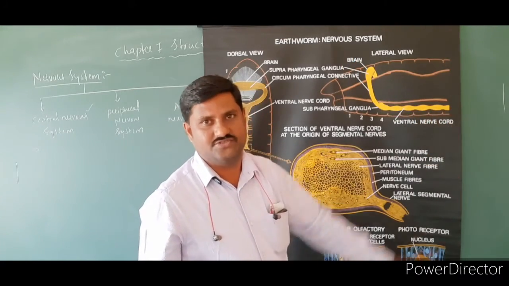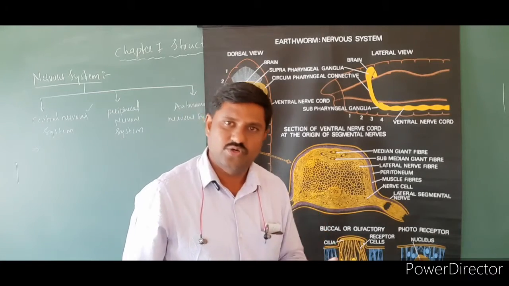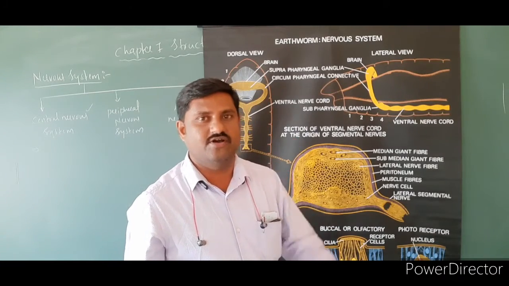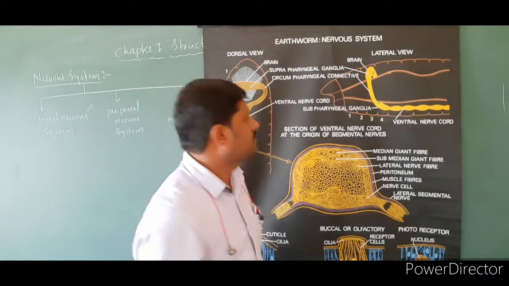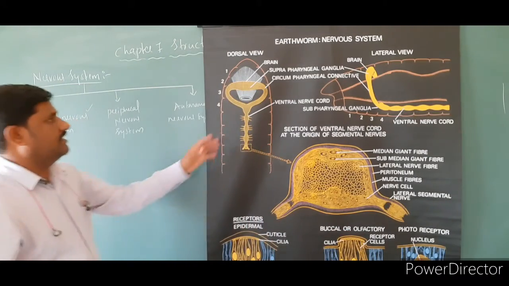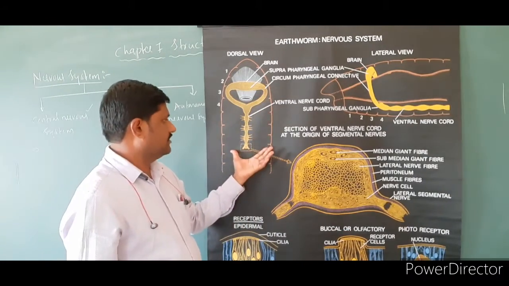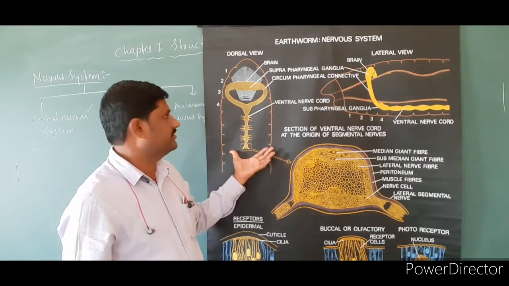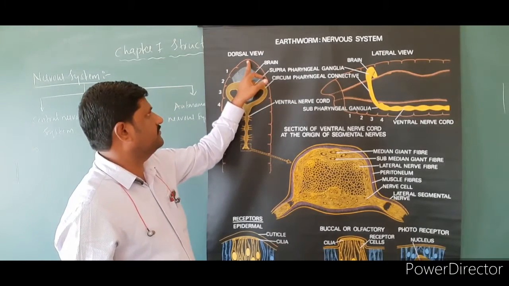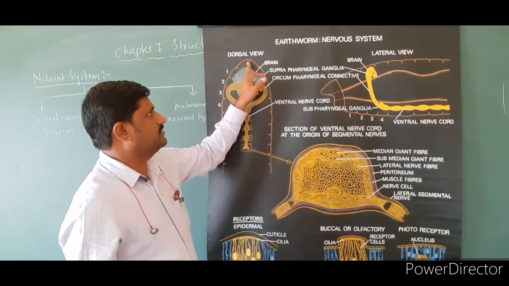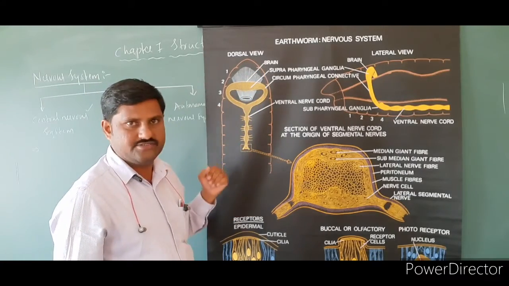What does it comprise of? Central nervous system. So let us see. This is also a front view of this nervous system. You are observing here the first segment, and let us see.